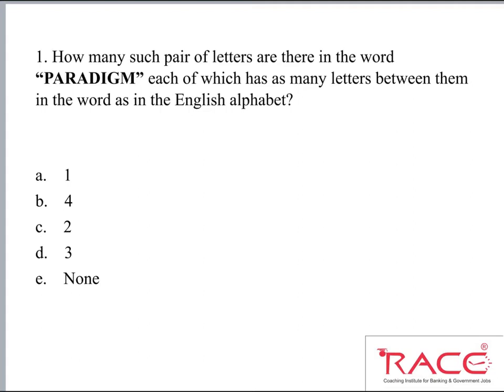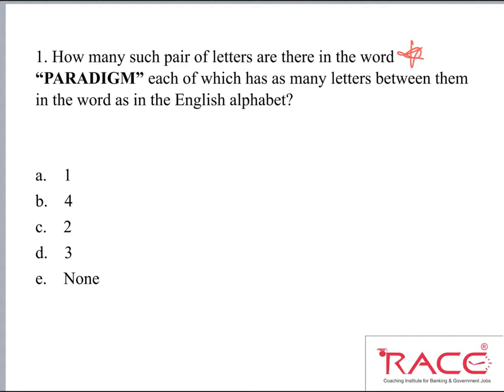So here we have our first question, and a very important question from the exam point of view. In this question they have asked: how many such pairs of letters are there in this word, Paradism, each of which has as many letters between them in the word as in the English alphabet?